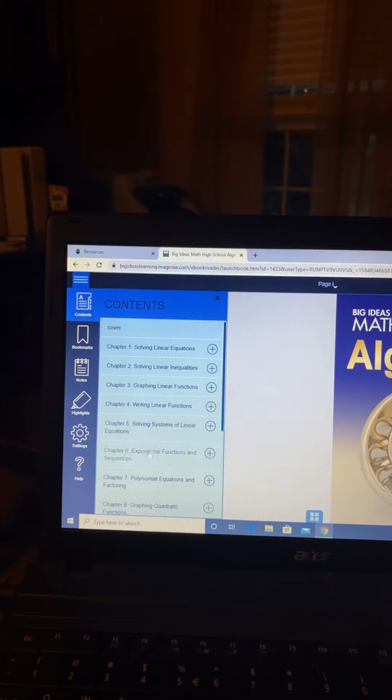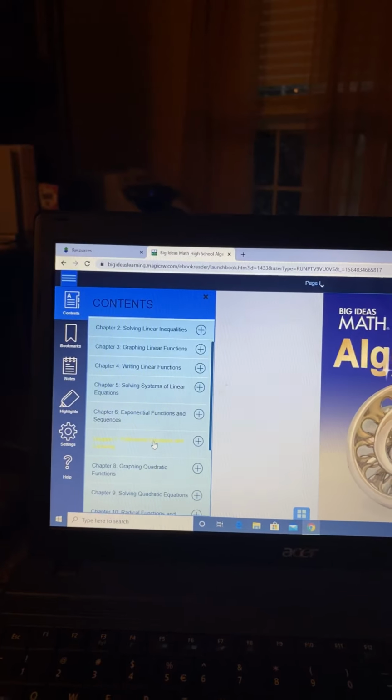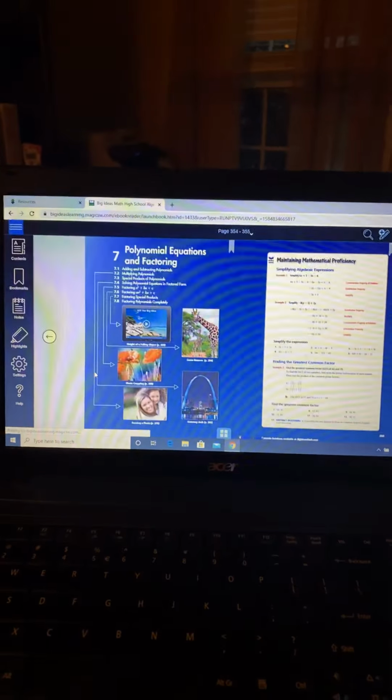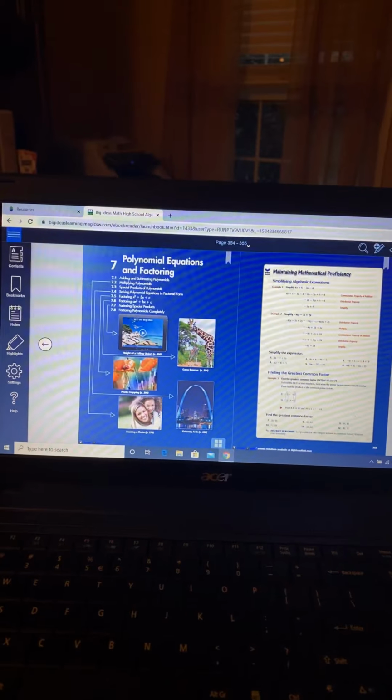When you click on that, let's navigate through it. Once it has loaded, we can go up and look at the contents. The algebra class is currently in the chapter 7 book. I have people in other sections.